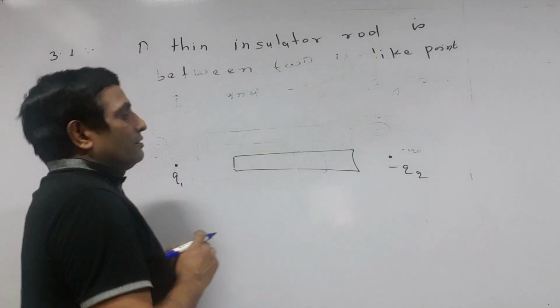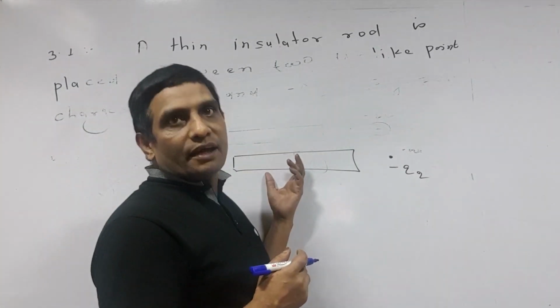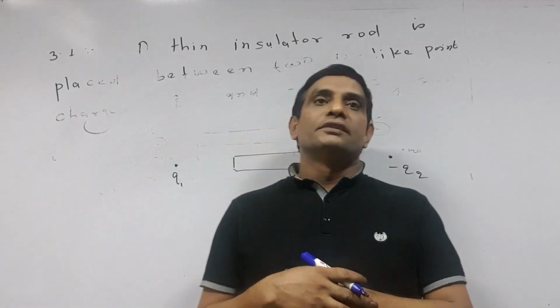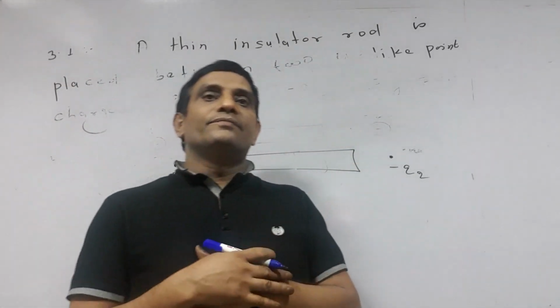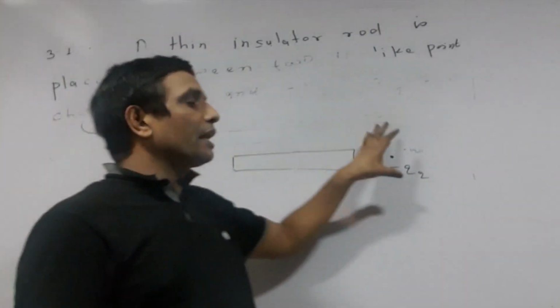In an insulator, dipoles are induced in the material. They try to get stability in the presence of the field of charges Q1 and Q2.